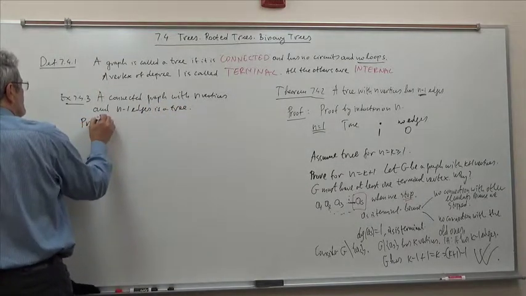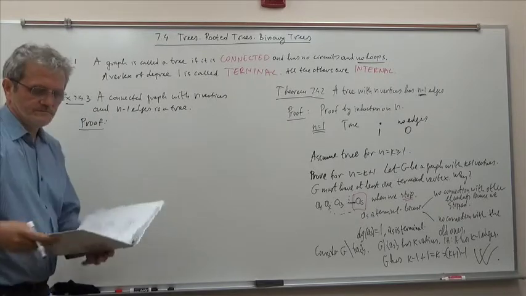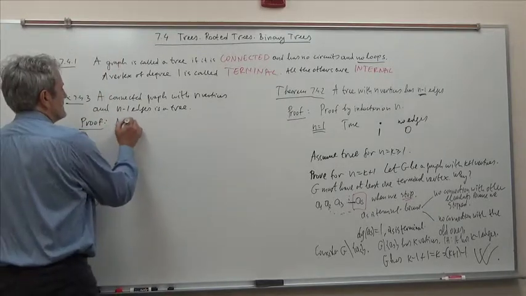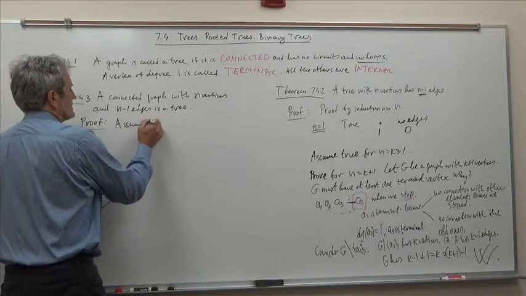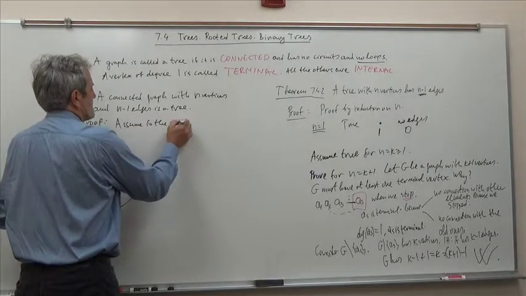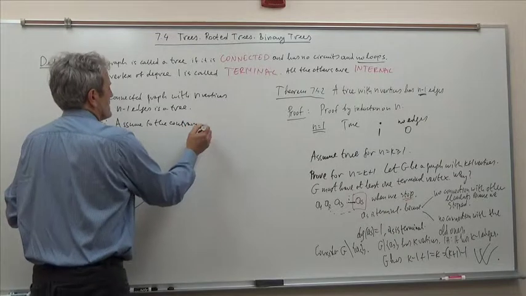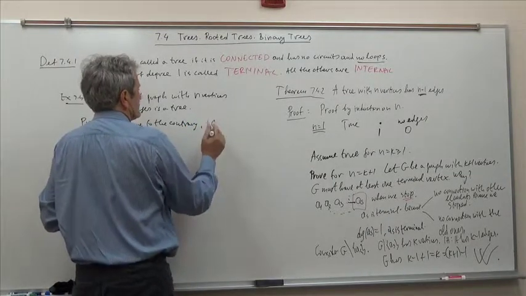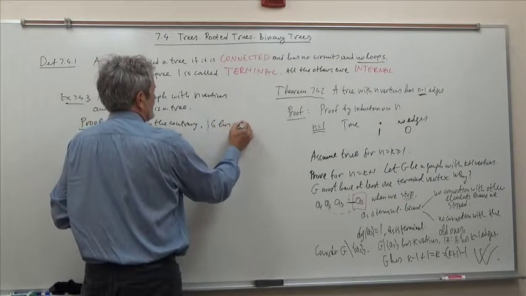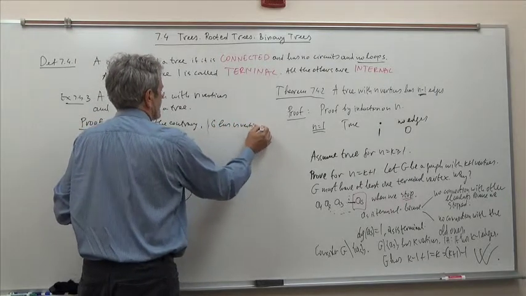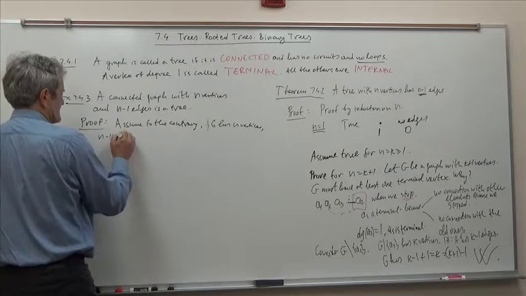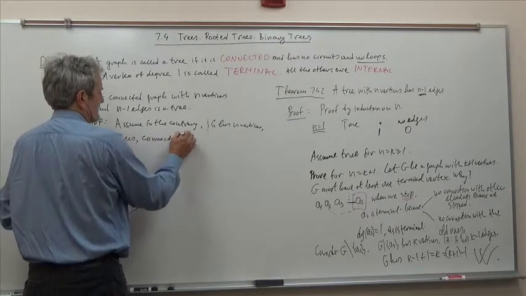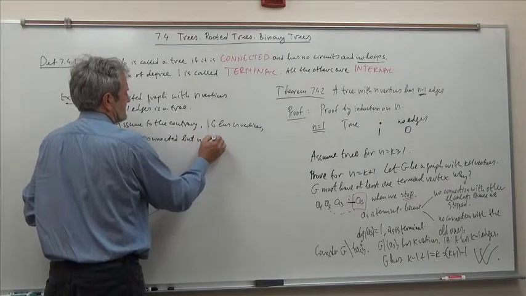Proof. Assume the contrary, that there is a graph G that has n vertices and n minus 1 edges, connected, but not a tree.